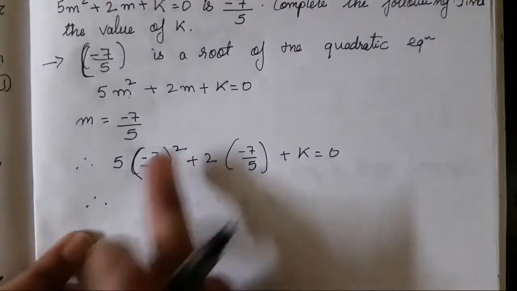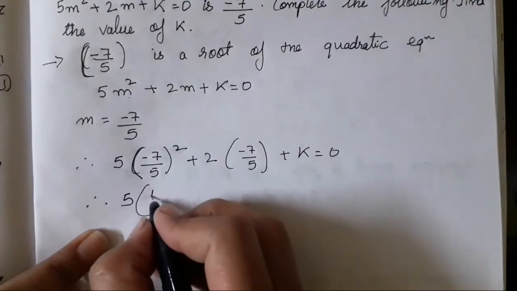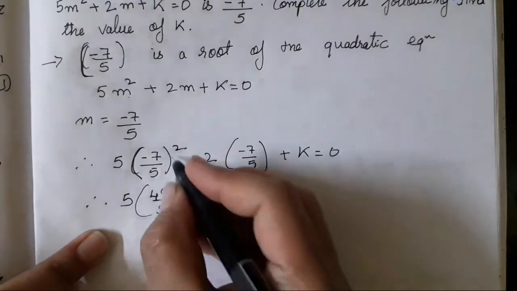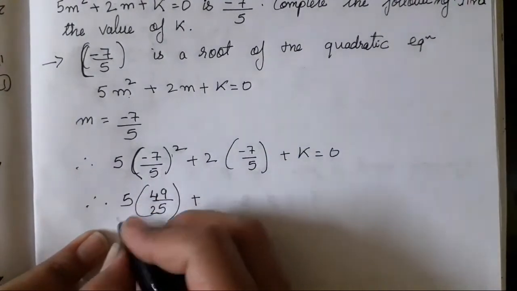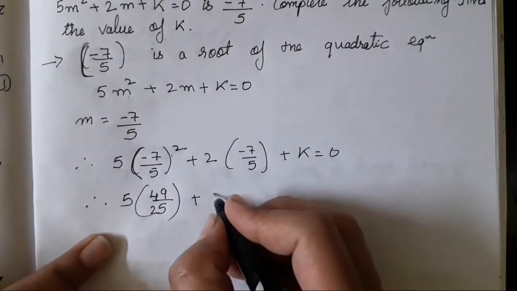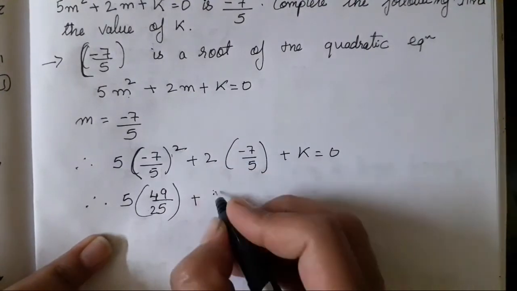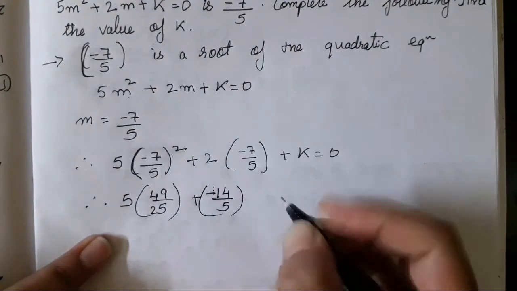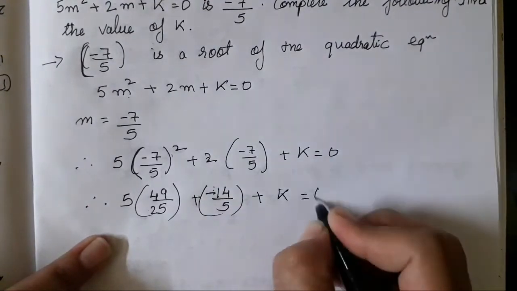Now first we will take the square, that is 5 we will keep it as it is. This is 49 upon 5 square. 5 square is 25. Okay, so we can reduce it. Then over here we have to multiply it. It is going to be minus 14 upon 5. Okay, multiply this 2 plus k is equal to 0.